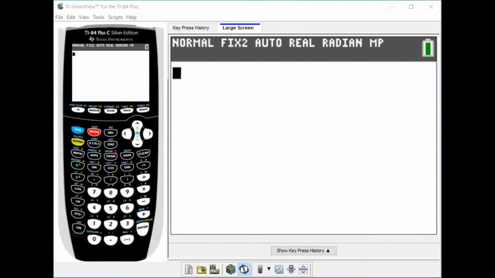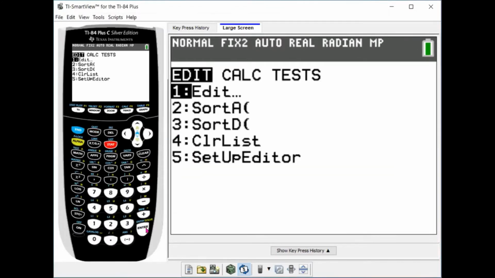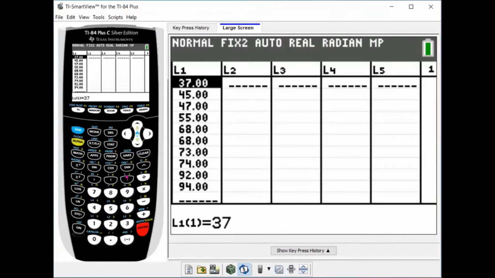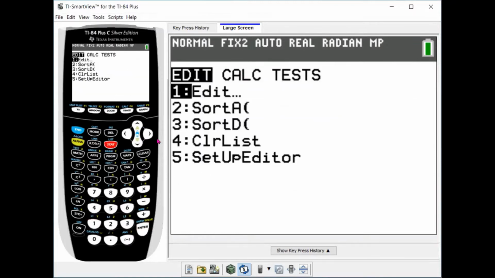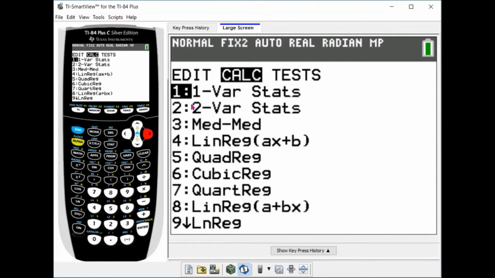We go to the TI-84 calculator, we go to stat, under edit number 1. In this list, all the way down here, we add the new number, which is 131. After we add that new number, we go to stat again, calculate, and choose one variable stat, the first one here.